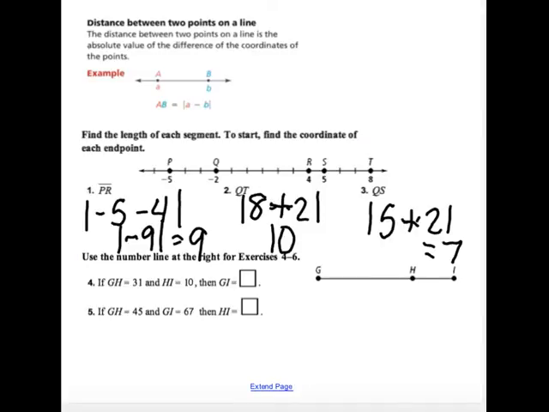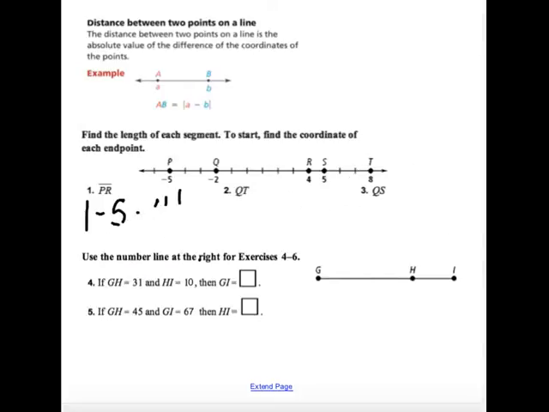So, if I use that on my exercises 4 through 6, it says on 4, if GH is 31, I'm going to fill that in. GH is 31. And then it says HI is 10.